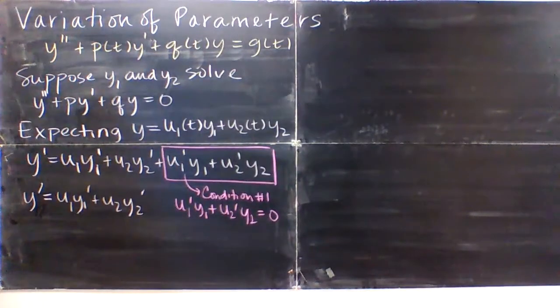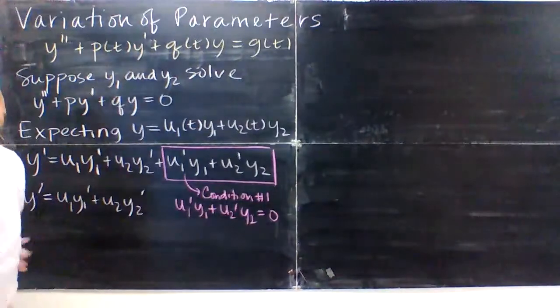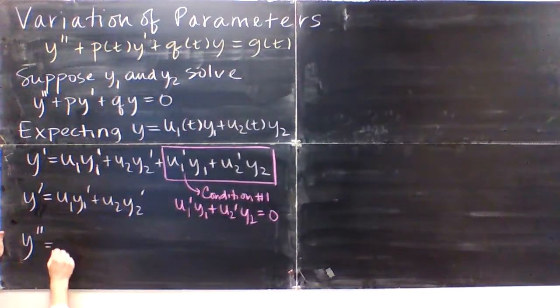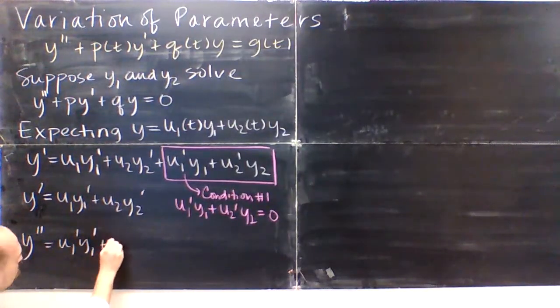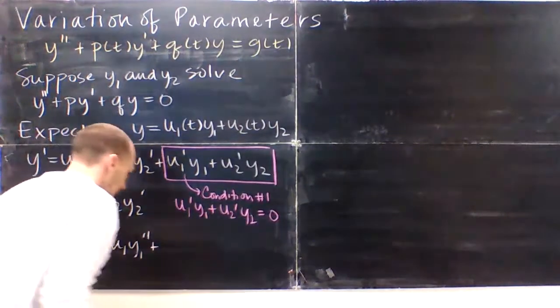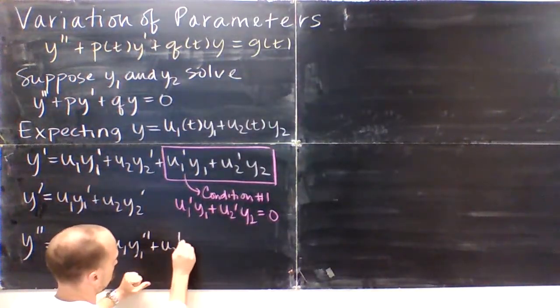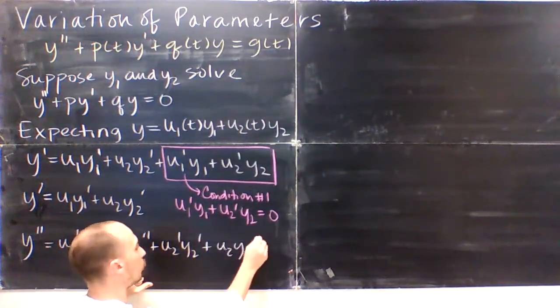All right, meaning I can take the second derivative, and that is u1 prime y1 prime plus u1 y1 double prime plus u2 prime y2 prime plus u2 y2 double prime.